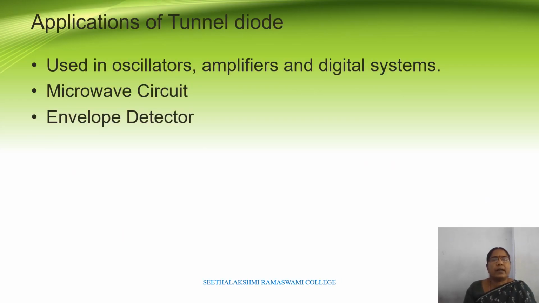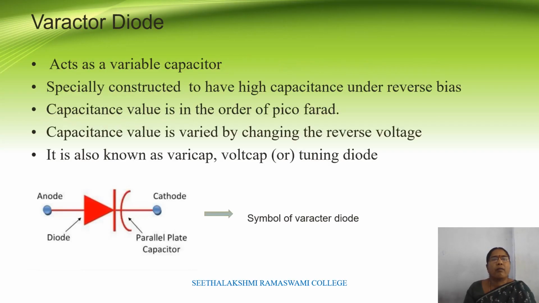Applications of tunnel diode. Tunnel diodes are used in oscillators, amplifiers and digital systems, and in microwave circuits and envelope detectors. Next one is the varactor diode. The varactor diode acts as a variable capacitor. This diode is specially constructed to have high capacitance under reverse biasing. Capacitance value is in the order of picofarads.